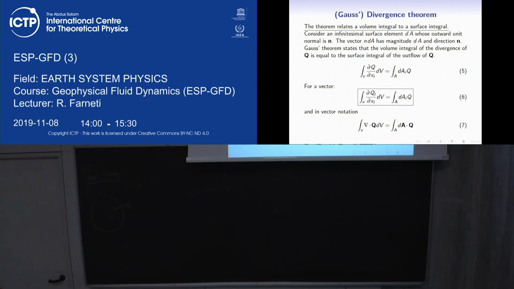So the vector n dA has magnitude dA and direction n. So what the Gauss theorem says is that the volume integral of the divergence of a field, for example u, velocity, for example, or q, whatever, is equal to the surface integral of the outflow of q.